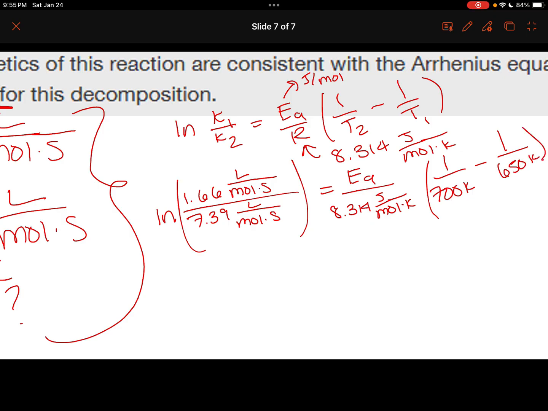Right, so I'm going to do a couple of calculations at once in each of these steps. So first, one thing we can notice is that these units are going to cancel. So we don't need to worry about those units anymore.